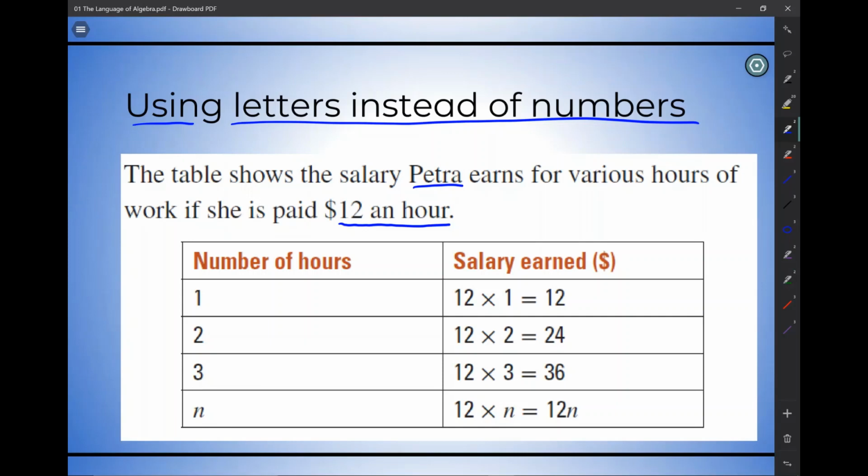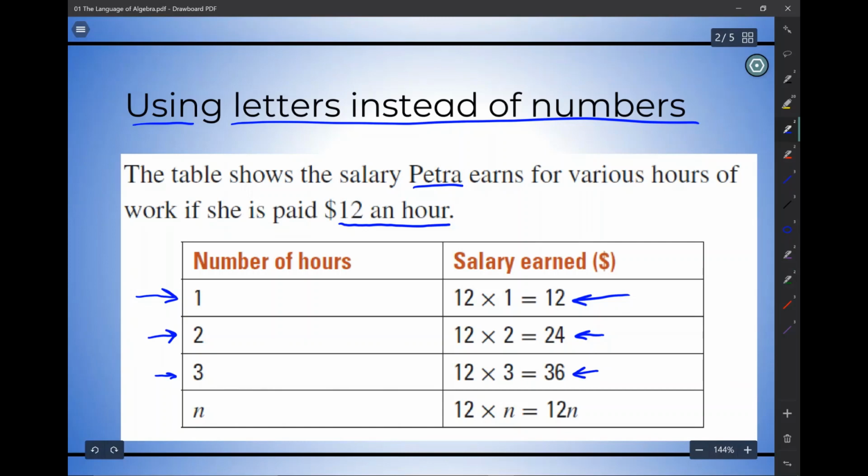And then if you look down here in the table, you see that when she works 1 hour, you can work out how much money she earns by doing 12 times 1. When she works 2 hours, you can work out how much money she earns by doing 12 times 2, and so on with 3.